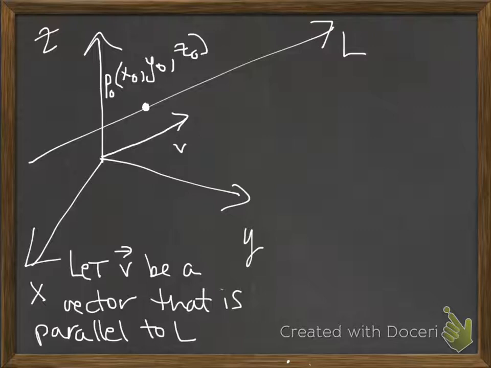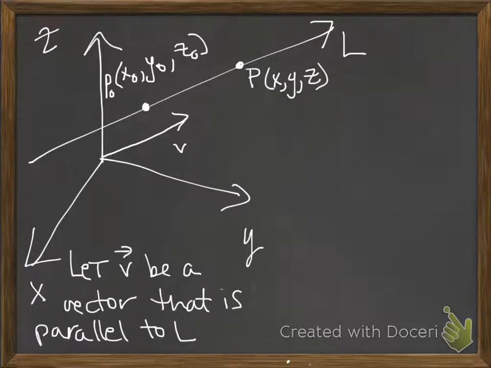Now this is all I need to be able to define that line, but we need a few more tools to work with. So let's pick an arbitrary point now that lives on my line, and we'll call that just point P with coordinates x, y, z. So these will be my arbitrary values.